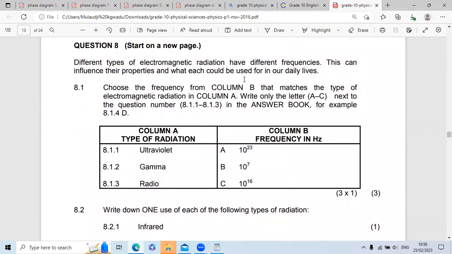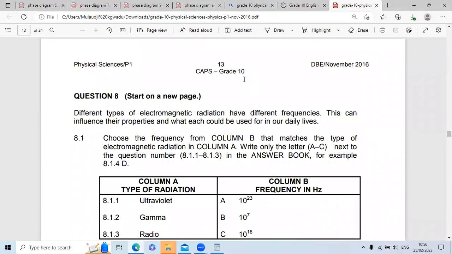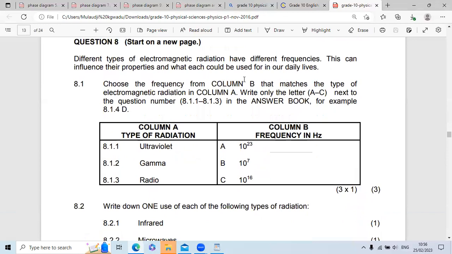They say different types of EM radiation have different frequencies. This can influence their properties, and what each could be used for in our daily lives. So they want you to match the frequency and the EM radiation.